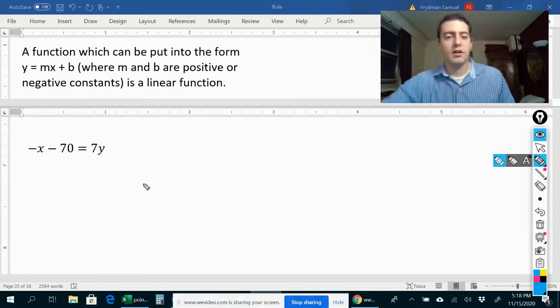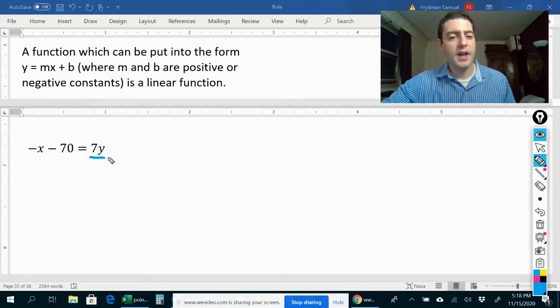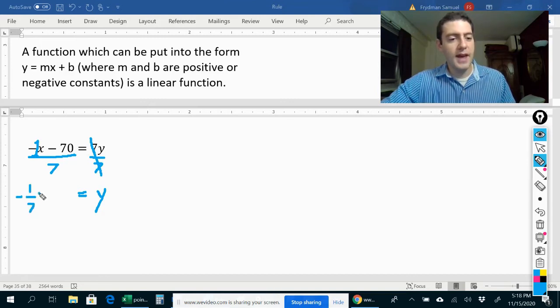What I could do here is divide this by 7, and then I would have to do the same thing to the other side. So I would get y equals, so this is like -1 times x. So this would be -1 over 7, or -1/7 x. And then this minus 70, and then I divide that by 7, I would get -10.